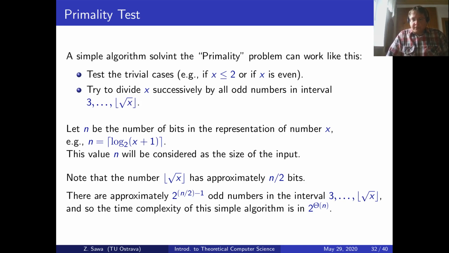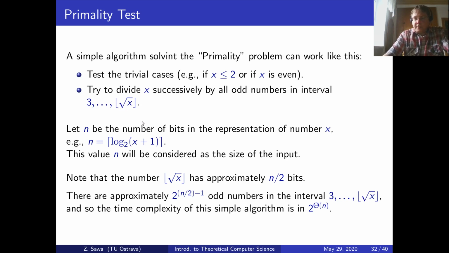So we concentrate on numbers which are odd and at least 3. It makes no sense to divide such a number by even numbers, because it will clearly not be divisible. So we can try only odd potential divisors: 3, 5, 7, 9 and so on. And it's not necessary to go up to x minus 1. We can finish at the square root of x.